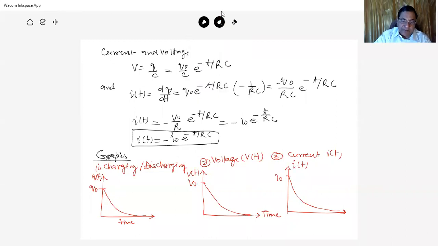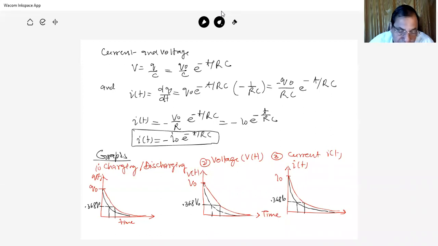Now, for the different values, if we calculate the time constant, then for this time constant, we can have something like this: 0.368 Q0, 0.368 V0, 0.368 I0.